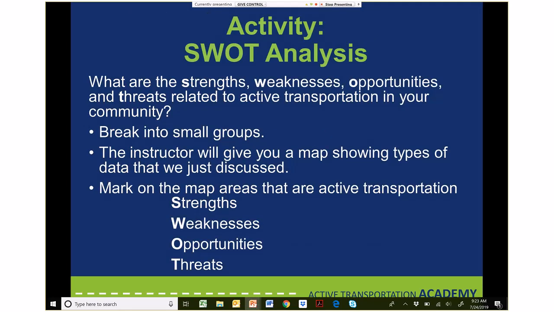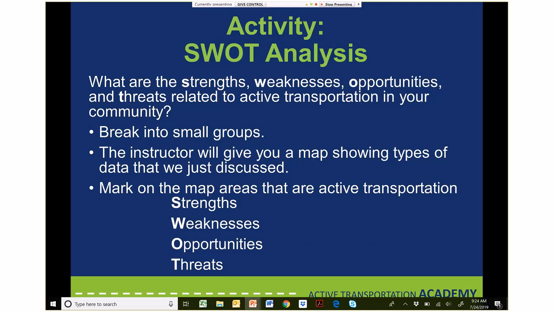So what we'll do as an activity in this training is break you up into small groups, and the instructor will give you a map, which is going to be for your community, or a community that's represented by someone in your training. And we're going to display different types of data that we just discussed, and we'll take a look at it online when available, and also look at it on the map.